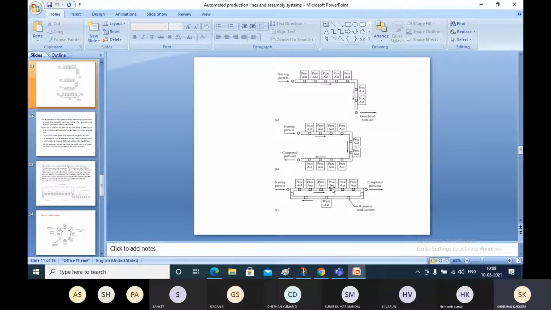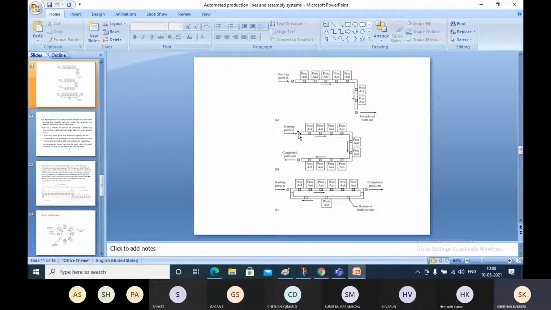For example, you take here 1, 2, 3, 4, 4 plus 4 plus 2, 10. There are 10 workstations. The engine enters from here. On each workstation, a specific job will be performed on the engine. The assembly will be done, and at the end, the finished completed engine will be taken out.